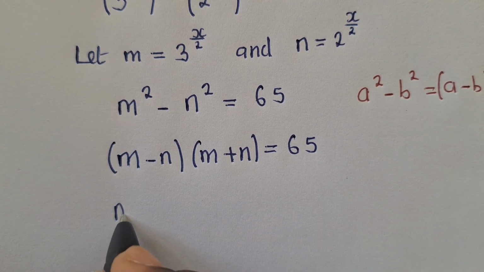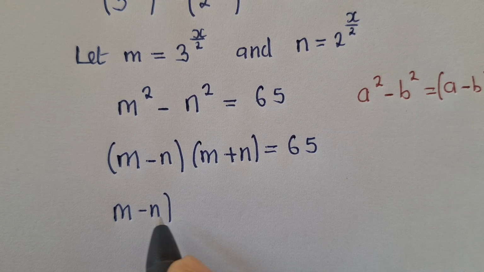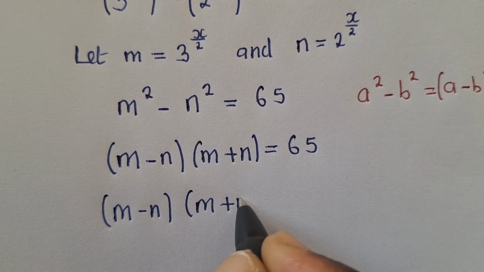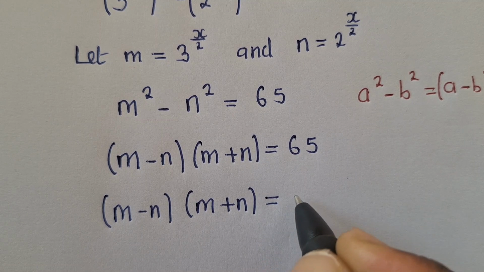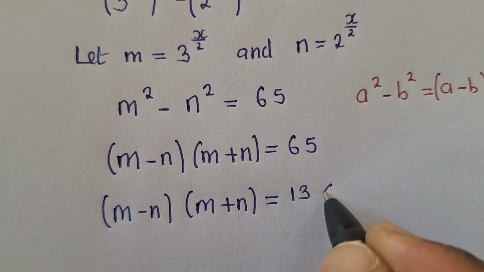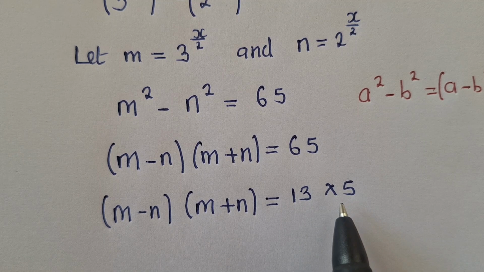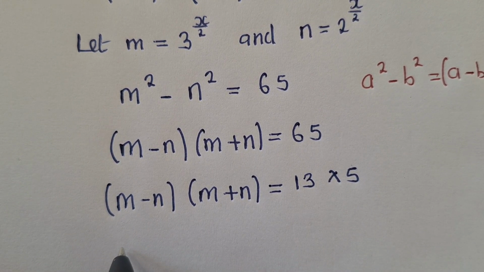Now at this point, we can separate what is right here. We can say m minus n, m plus n is equal to 13 times 5. This is because when we say 13 times 5, we are getting a 65. And then we equate.